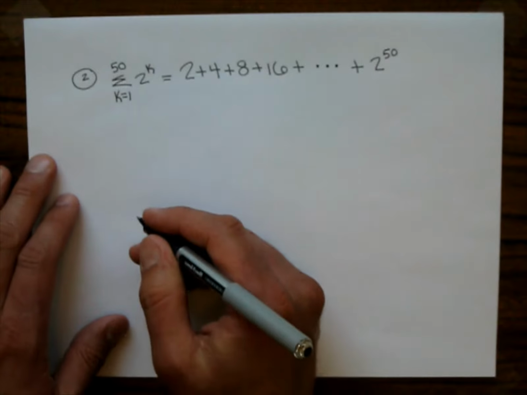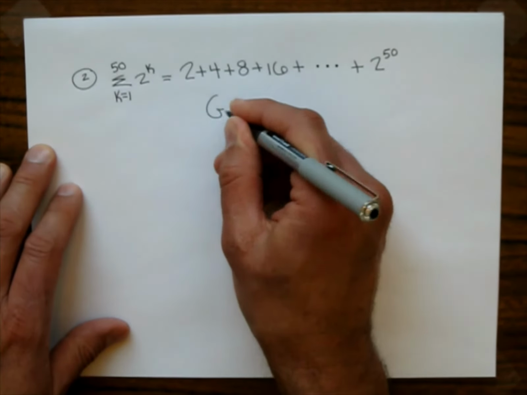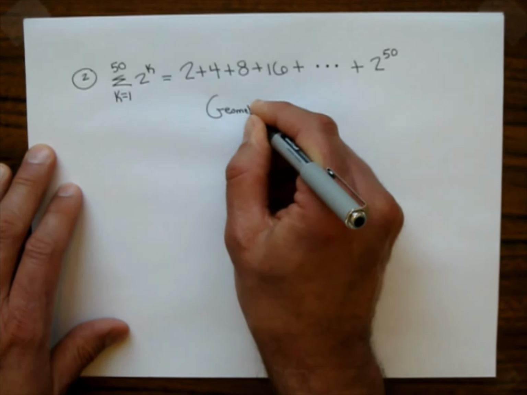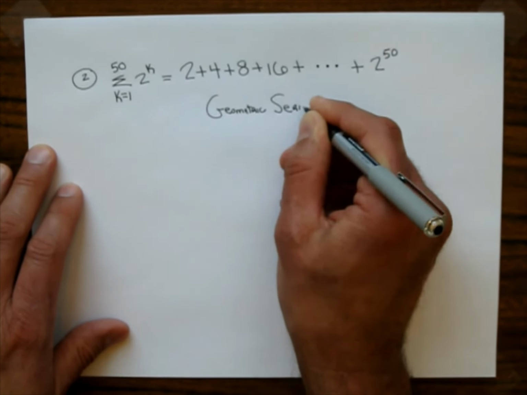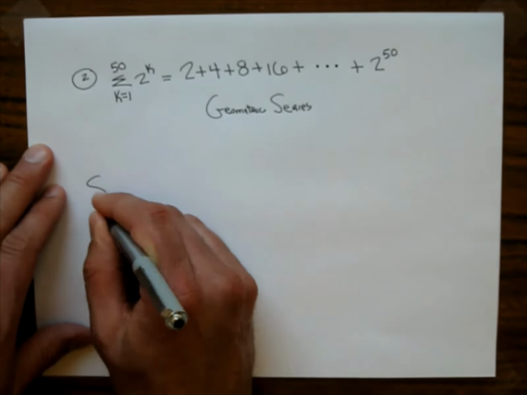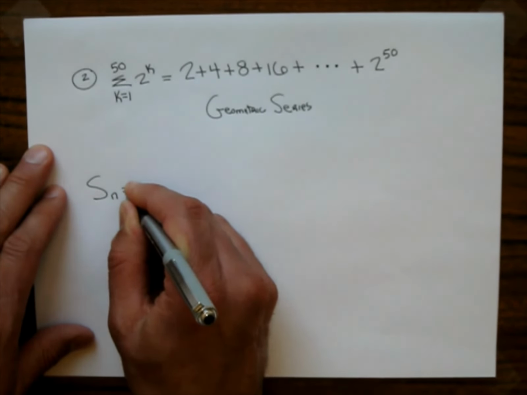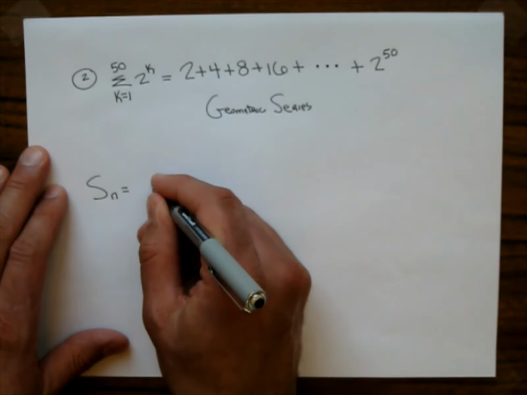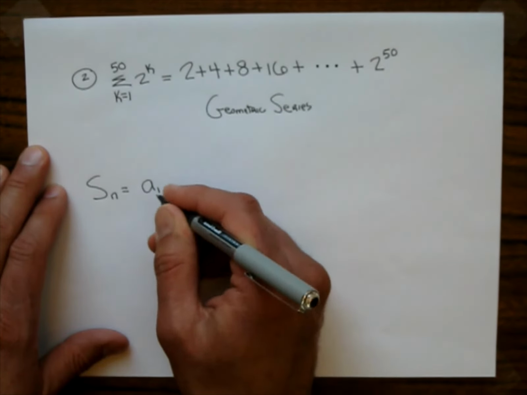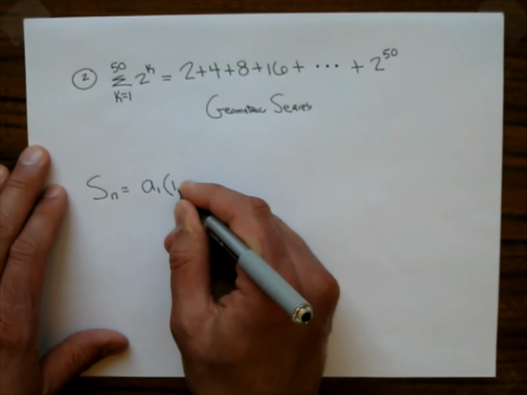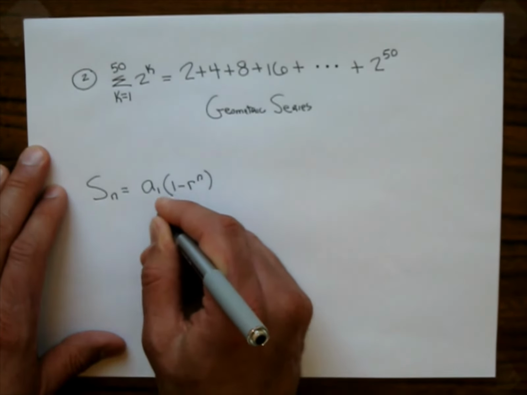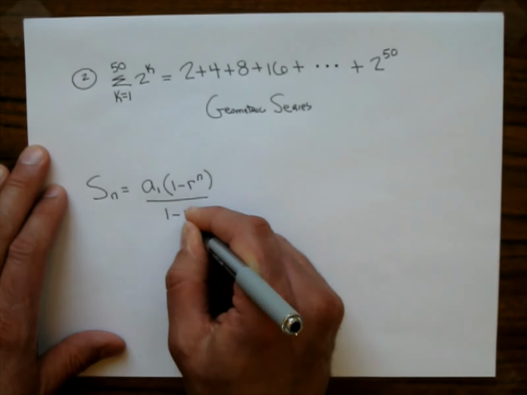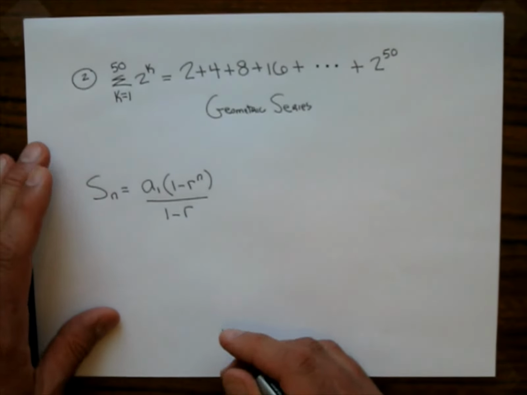So let me first say that this is a geometric series, and the sum of the first n terms is something that we derived. That's the one that looked a little messy: a1, and then we have 1 minus r to the n, all over 1 minus r.